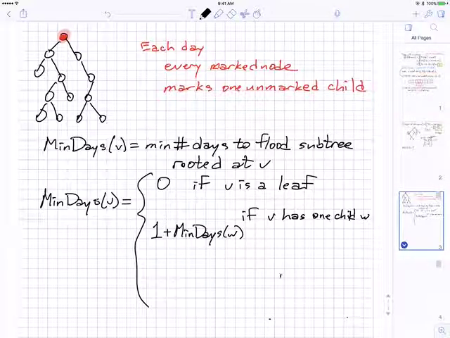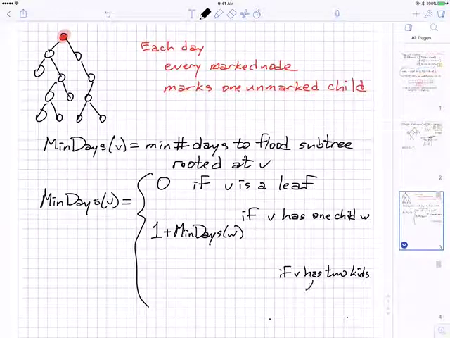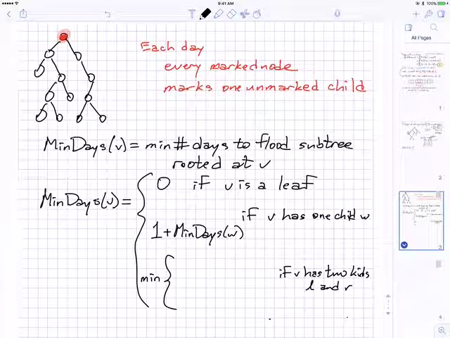So the other possibility is if V has two kids, which I'll call L and R. Now in this case, after the first day, one of the nodes is going to be marked, and then after the second day, the other node is going to be marked. And so I've got a minimum of 2 choices.